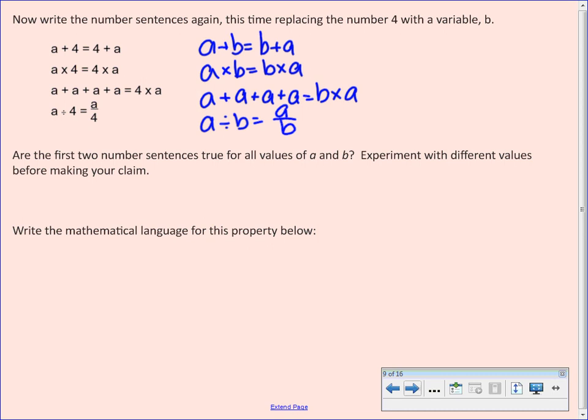And the statement is still going to be true. Instead of using 3 and 4, I could replace A with 7 and B with 9, and those statements would still be true.